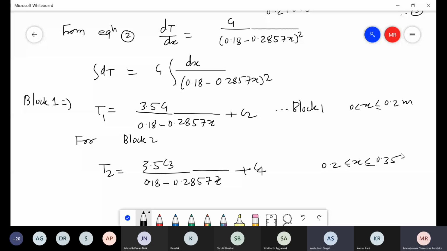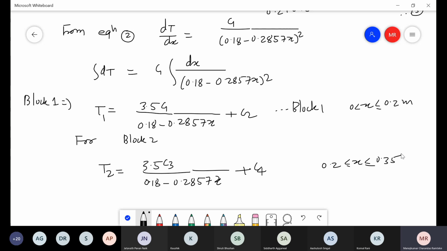Yes, sir. Still solving, sir. Okay. So now find out C1, C2, C3, C4. All the boundary conditions you know, isn't it? When x equals 0, T equals T1. When x equals L1 plus L2, that is 0.35, then temperature T is equal to 100 degrees Celsius. On top of that, at the boundary of layer 1 and layer 2, minus k1 dt1 by dx should be the same as minus k2 dt2 by dx.